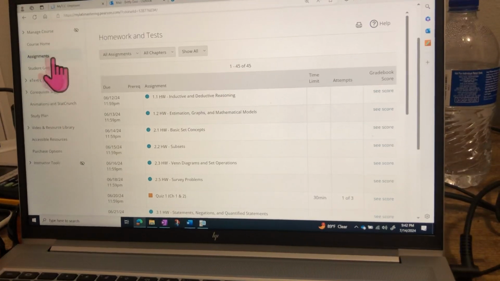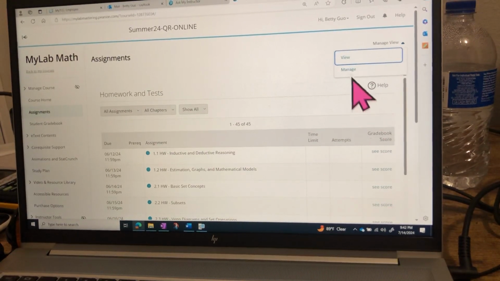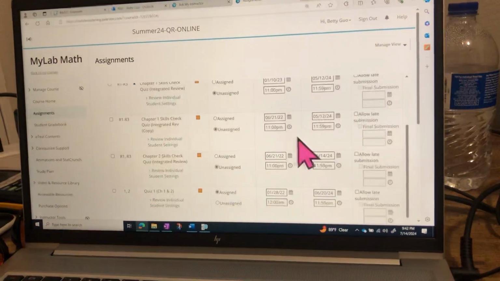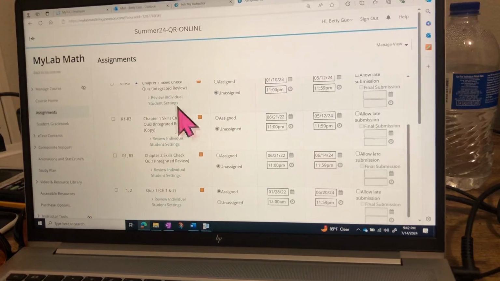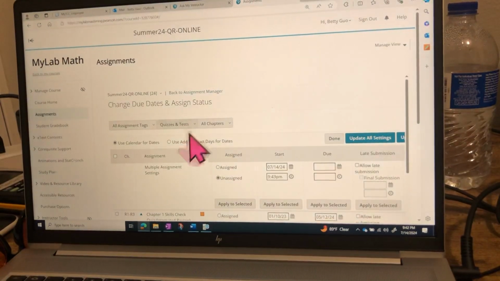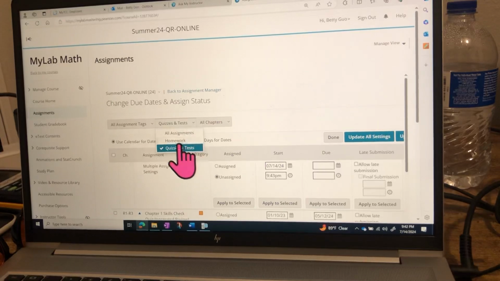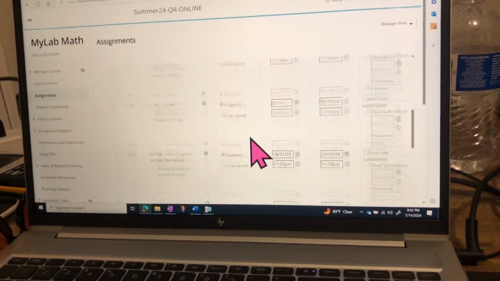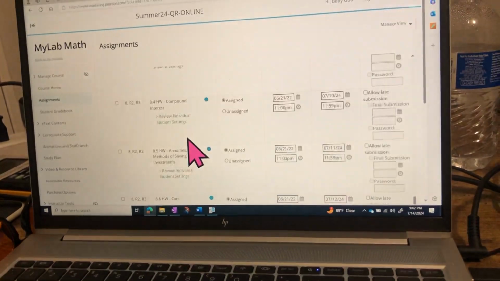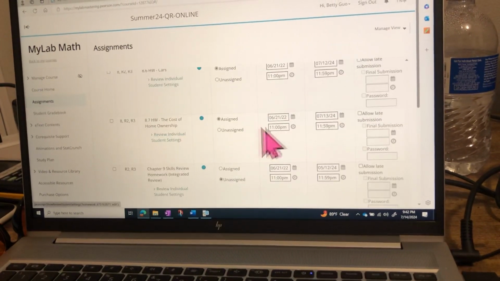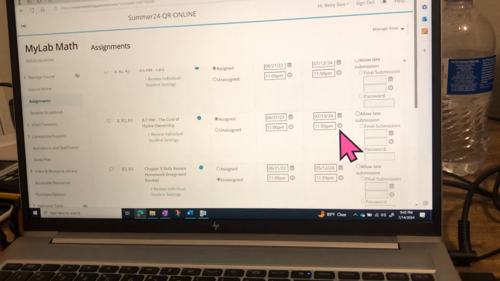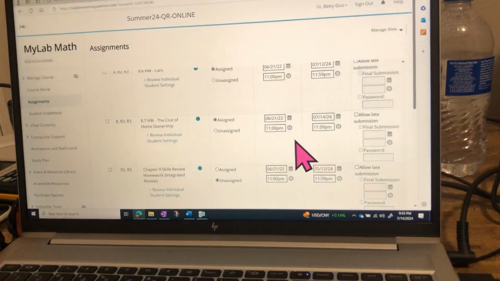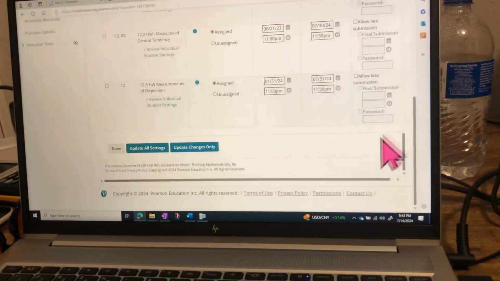Let me change the due date. It normally lets me work on it. Change this to homework, 8.7, all the way down here. What date is today? Today is the 14th. So let's just change it to the 14th, and then I'm able to work on it to make this video.